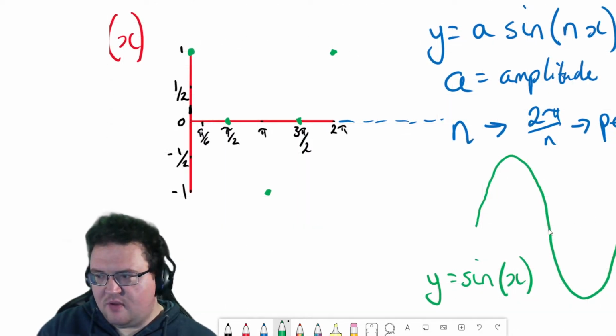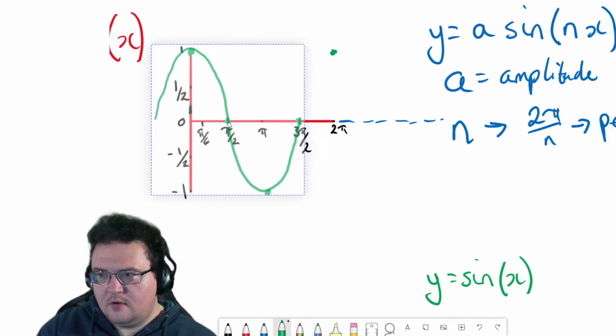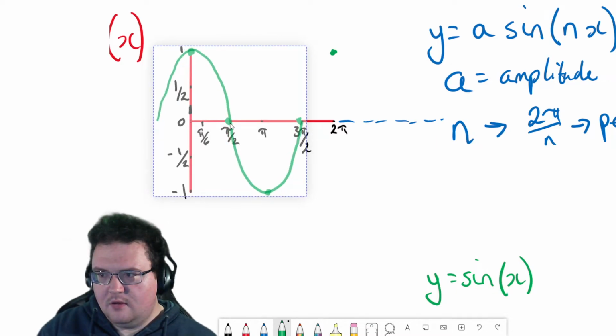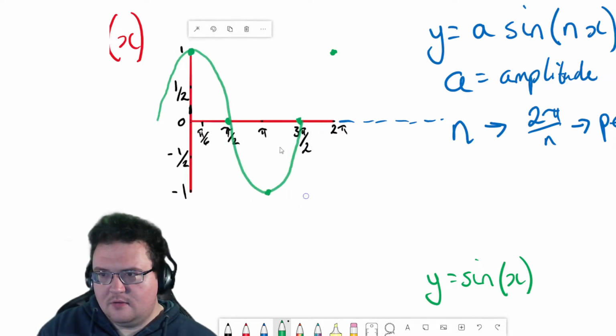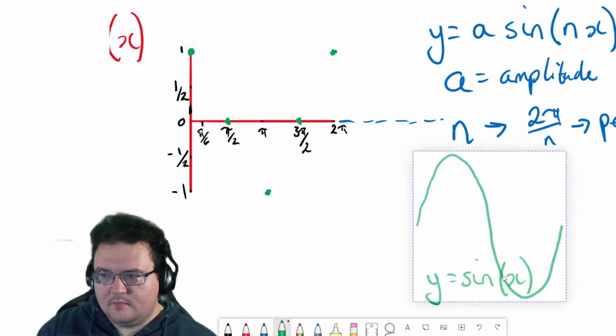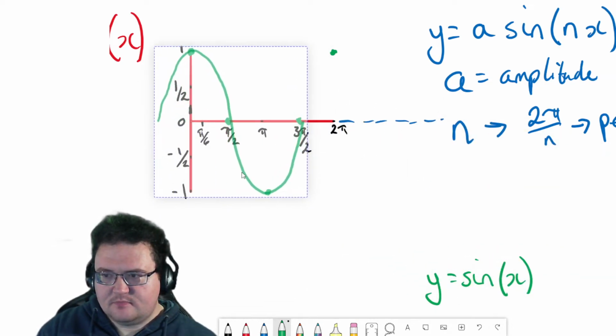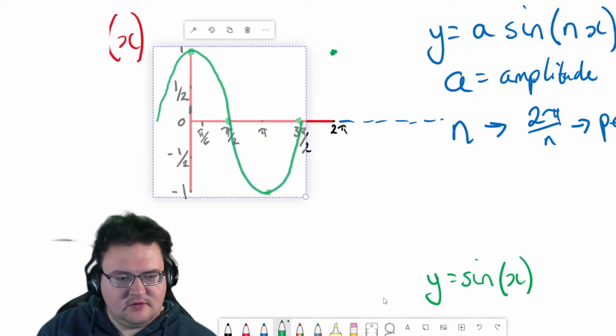Actually, let me just grab my friend over here. The wave pattern still fits. But that's sine of x. Obviously it doesn't fit perfectly, does it? Does it fit perfectly?